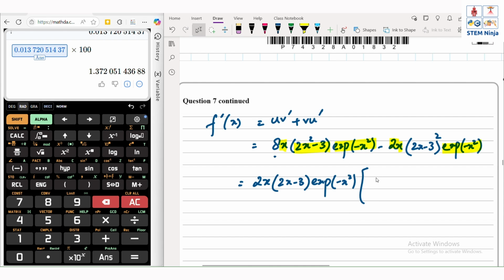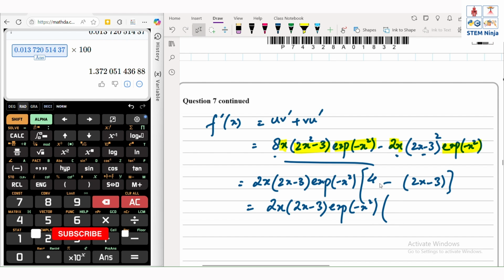Times by 4: if you multiply this entire thing by 4, you get the first term. Minus, we don't need to multiply anything with 2x, but one more 2x squared minus 3. So we get (2x squared minus 3) e raised to power minus x squared, and 4 plus 3, 7 minus 2x.